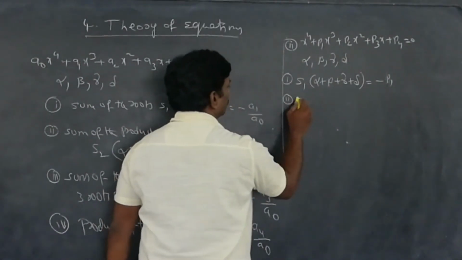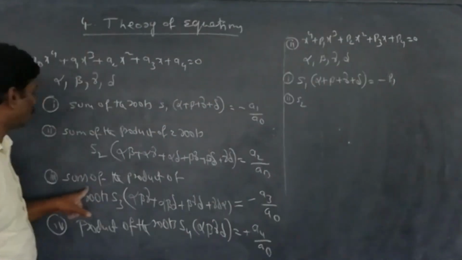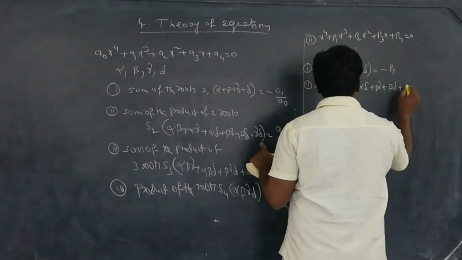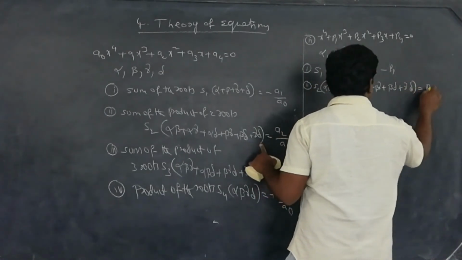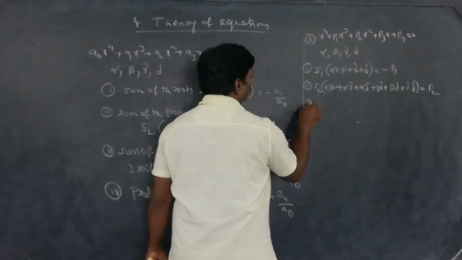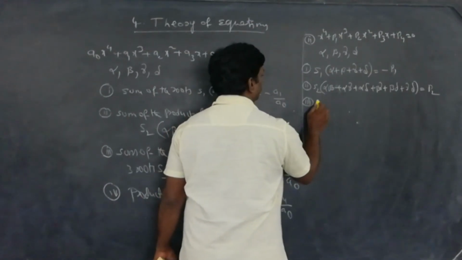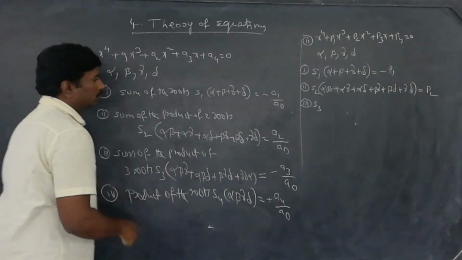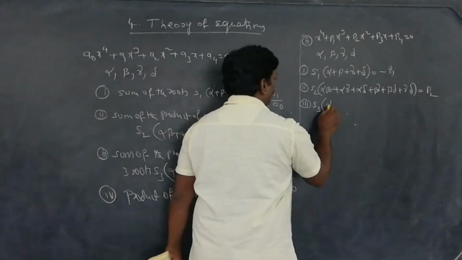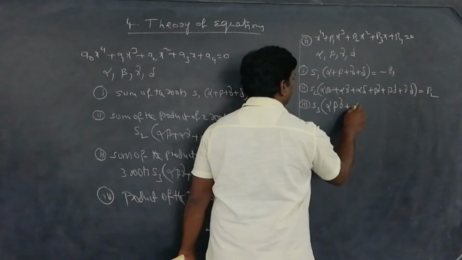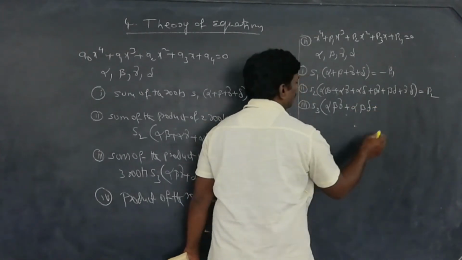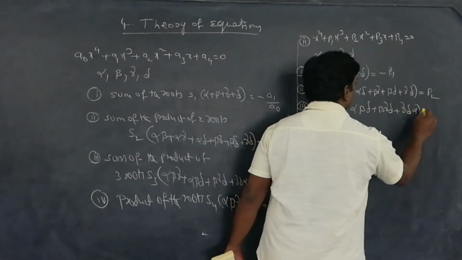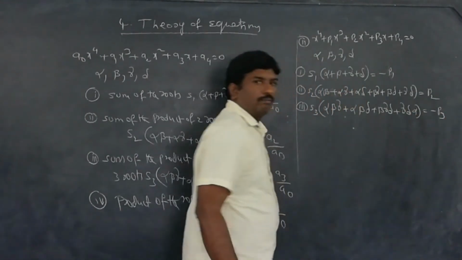Second one, the sum of the product of two roots: alpha beta, beta gamma, gamma delta and so on, is equal to p2. Now the third condition, S3, means the sum of the product of three roots, that is alpha beta gamma, alpha beta delta, beta gamma delta, gamma delta alpha, is equal to minus p3.